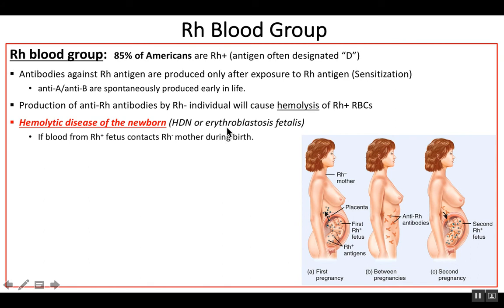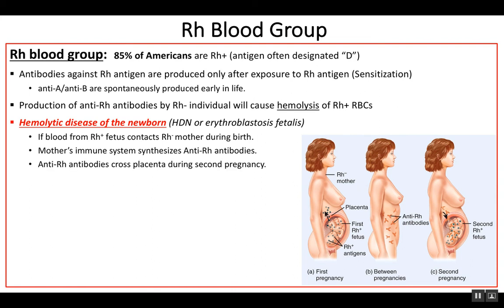Blood mixes when a baby is born. The mother's immune system would synthesize the anti-Rh antibodies and be sensitized. Upon being sensitized, a second pregnancy is the problem. During a second pregnancy, these antibodies can cross through the placenta and attack the baby's red blood cells.